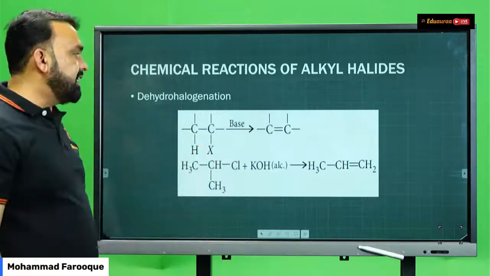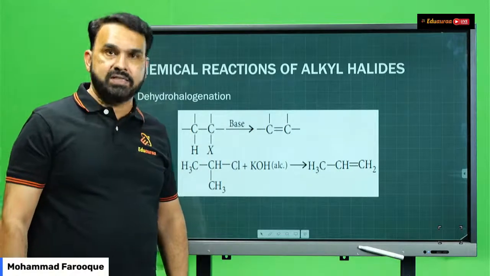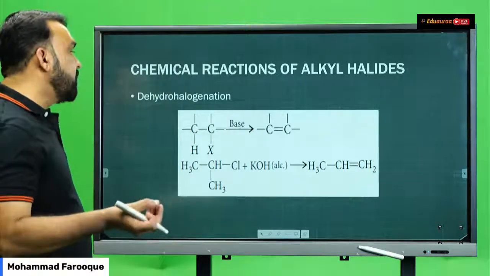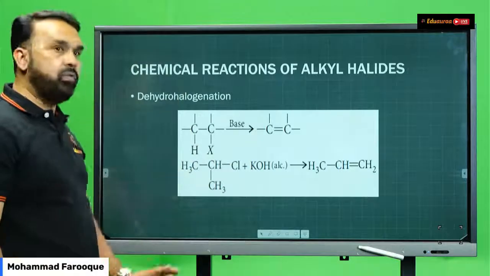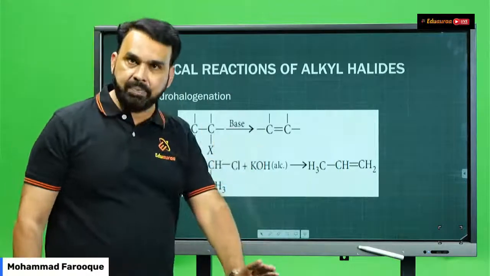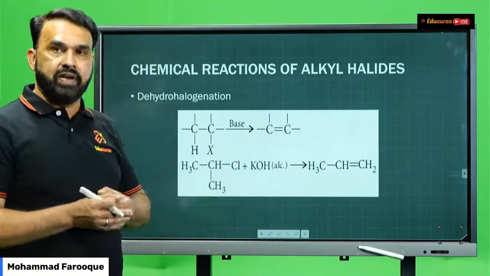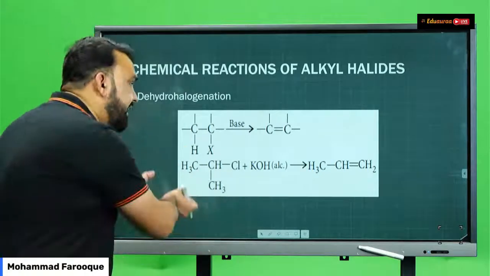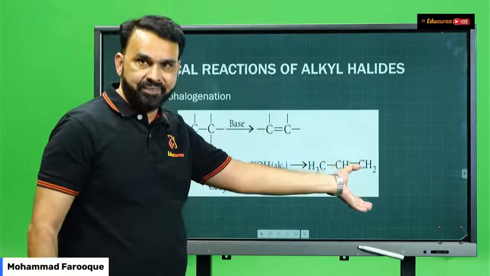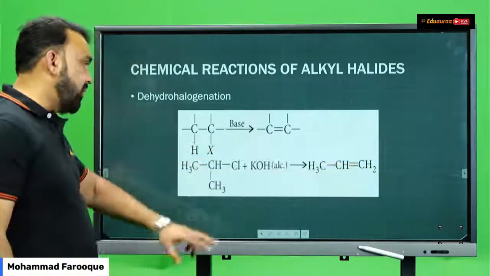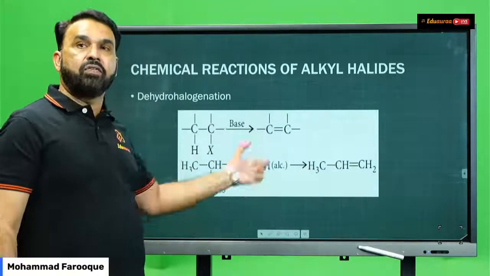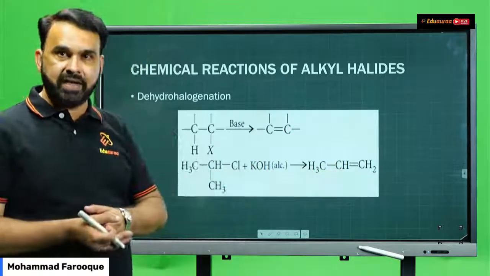KOH removes the HX molecule. It removes hydrogen from one carbon and halogen from the neighboring carbon. When HX is removed, the alkyl halide gets converted to an alkene. K will take the halogen and form KX, and OH will take the hydrogen and form a water molecule, right?